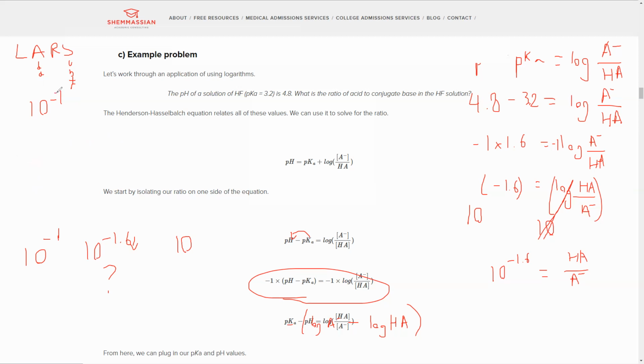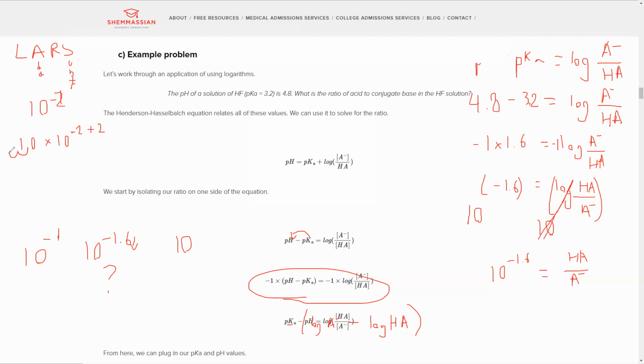I want to know what this is as a decimal, so I have 1.0 times 10 to the negative 2. My goal is to get rid of this 10 to the negative 2 and just have a decimal. I need to add 2 to get to 0, and to add 2, I need to move the decimal 2 spots to the left.